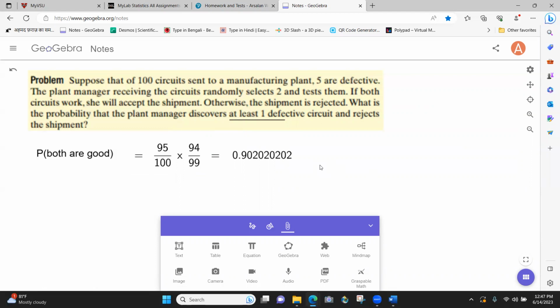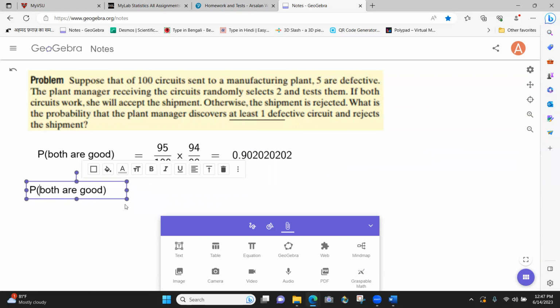But that's not what I really want. The question says, what's the probability that the plant manager discovers at least one defective circuit and rejects the shipment? So they really want us to find the probability of getting at least one defective one. It's important to write the words "at least one defective," and that's easy.